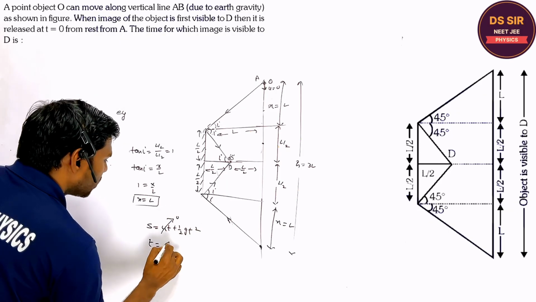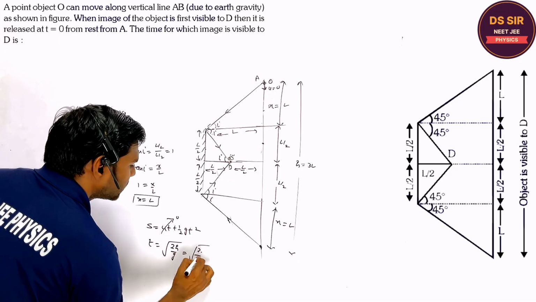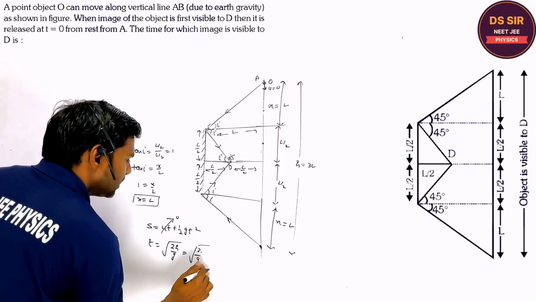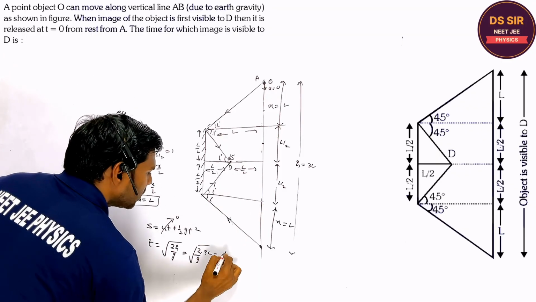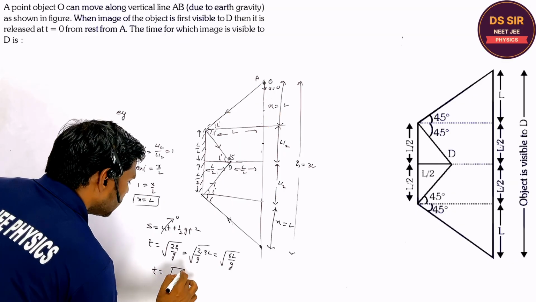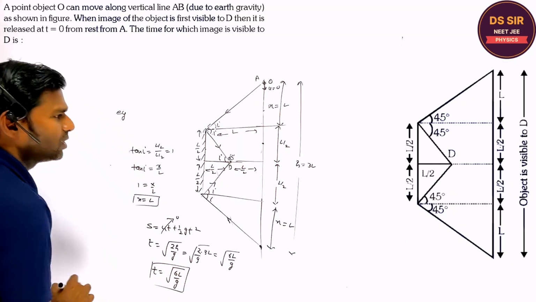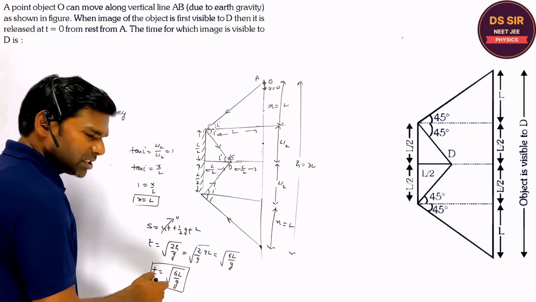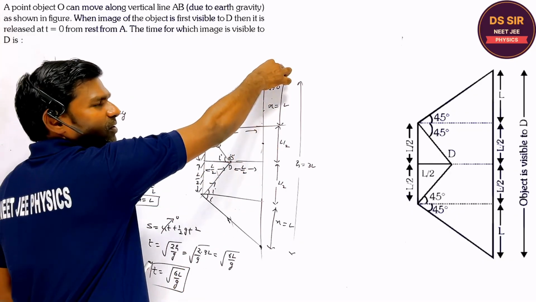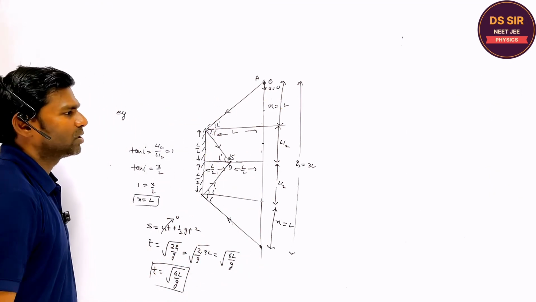So the time is root 2h upon g, and the height it has to fall is 3L. Therefore, root 6L upon g is the time. You understand? So till this time the object will be seen by this eye.